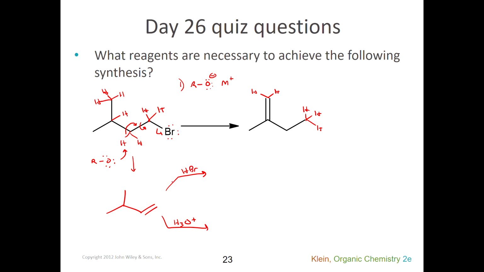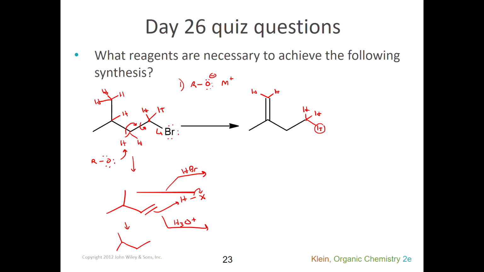If I add the HBr or H3O+, the first thing that's going to happen, whether it's a Br here or a water here, is the pi bond is going to pick up a proton. And when that occurs, the proton is going to be picked up on the end.